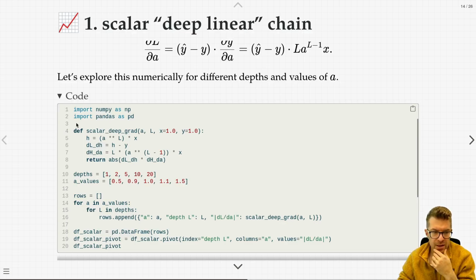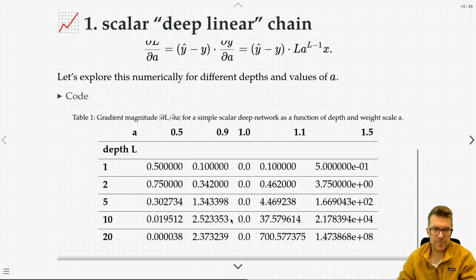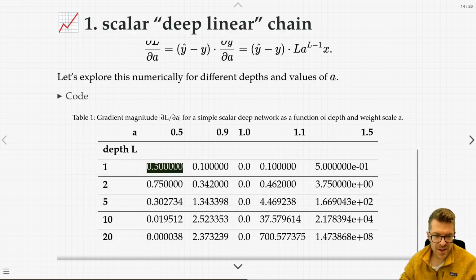This is the gradient at L. So when I have a neural network of depth L, my gradient is 0.5, but when I have deeper and deeper depths, the gradient gets smaller and smaller, as you can see going down this first column, keeping A fixed at 0.5, having deeper and deeper neural networks, big L increases, the gradients get smaller and smaller.